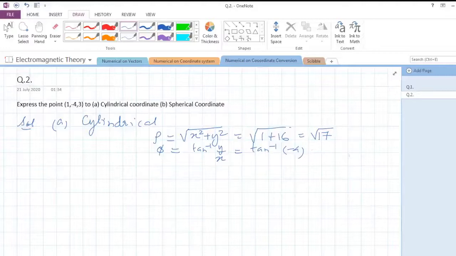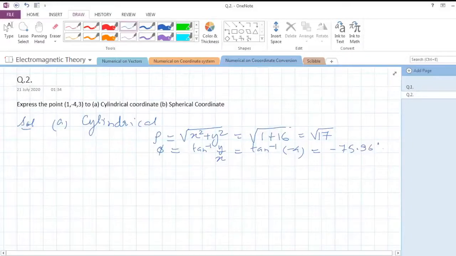So the answer would be minus 75.96 degree. Either you can write this angle as it is, or you can add this angle to 360 degree, and your answer would be approximately 284 degrees.